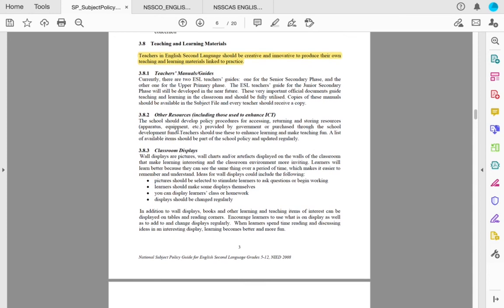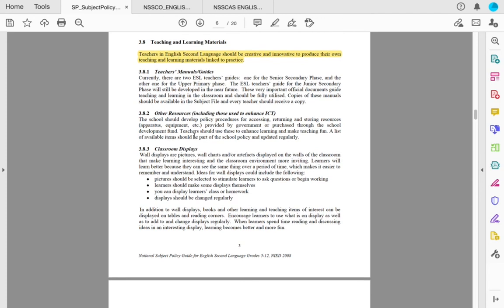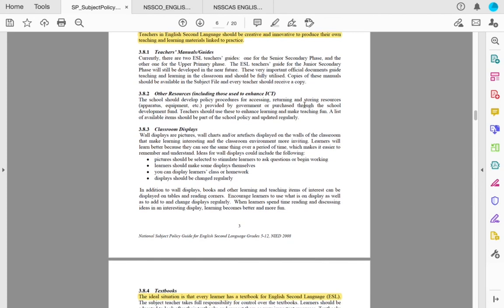Other resources could be a computer, a projector, a speaker, maybe a radio, something like that you can use in the classroom. And you hope that the government will provide that to the school.